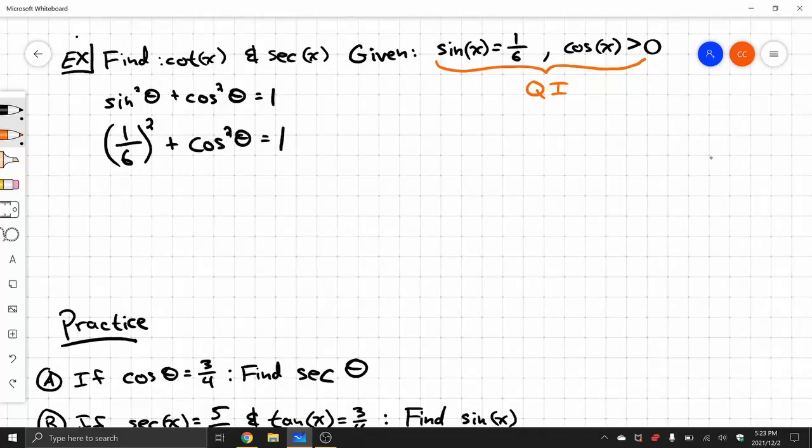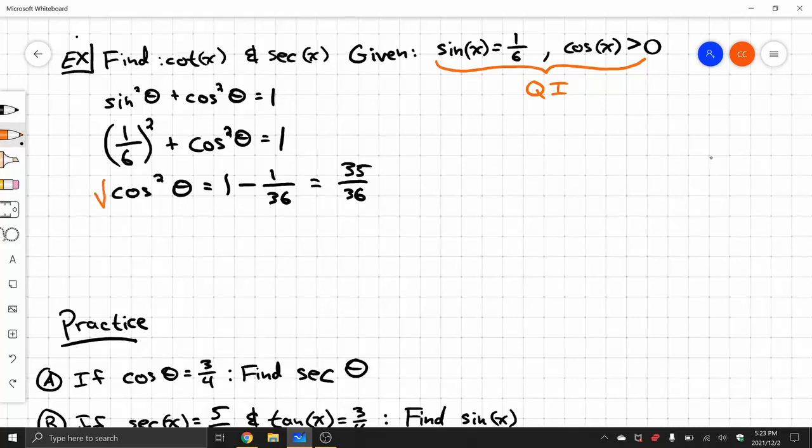So my cosine squared theta is equal to 1 minus 1 over 36. So just distribute this, 1 over 6 squared is 1 over 36. Okay, so that's going to be equal to 35 over 36.